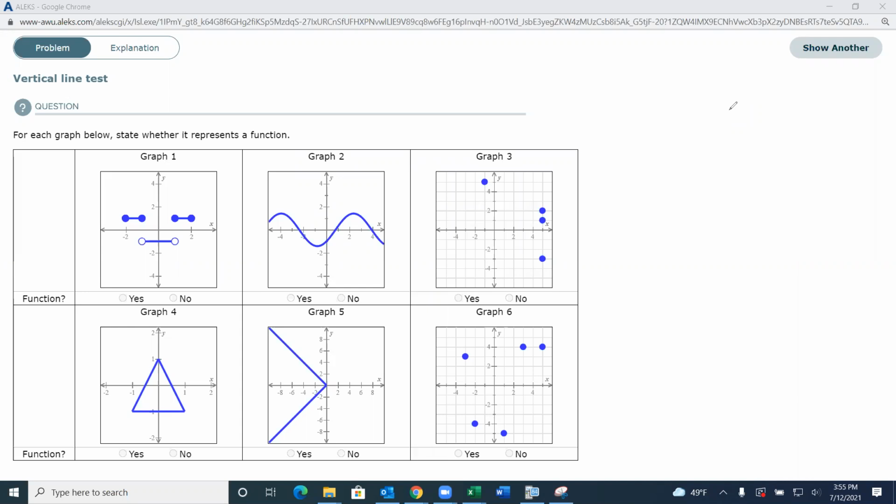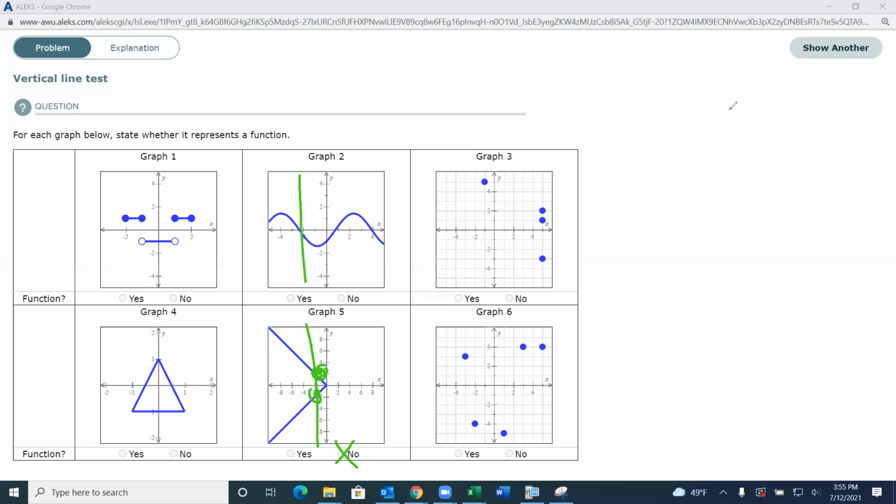If you can draw a vertical line that hits the relation more than once, then it is not a function. Okay, because those 2 points that I designated, they have the exact same X value. That X value is getting used more than once. That domain value is being used more than once, therefore not a function.